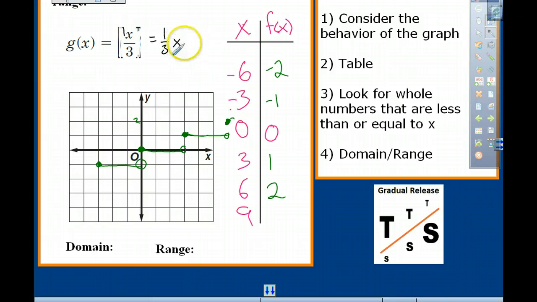Rise over run. What's the y-intercept? 0. Yeah, there's no number here, right? So y, how do you graph 1/3 x plus 0? And here's 0. Up 1 over 3. There it is. Up 1 over 3. There it is. You can also go down and left. Down, left. There it is.